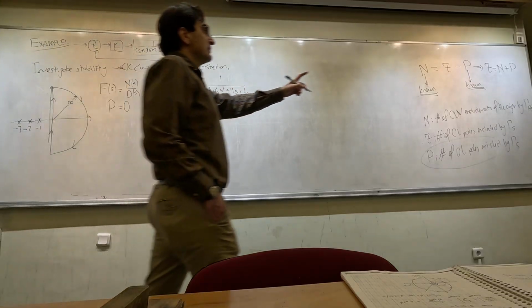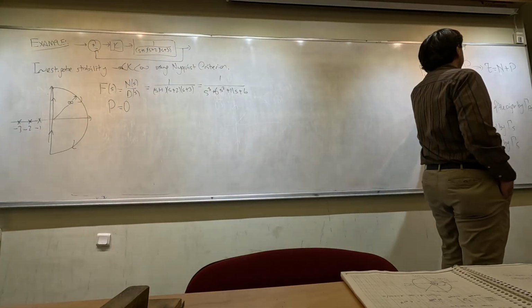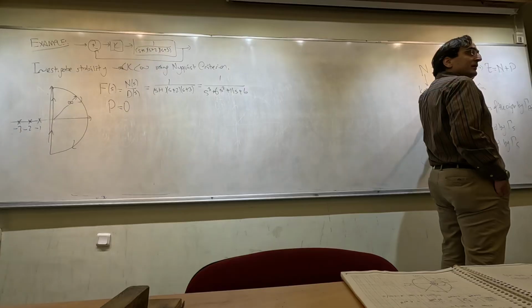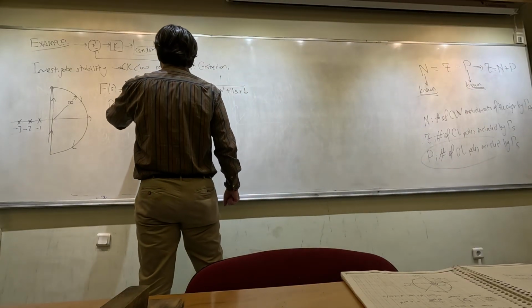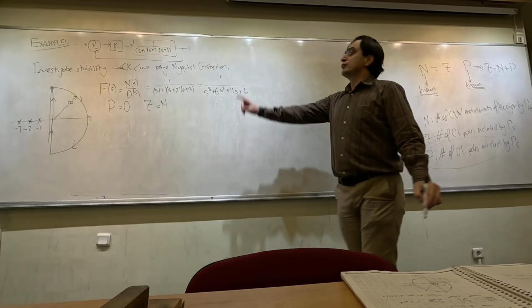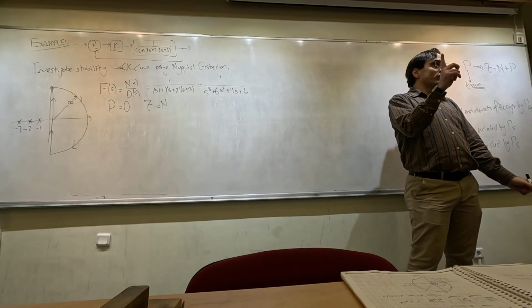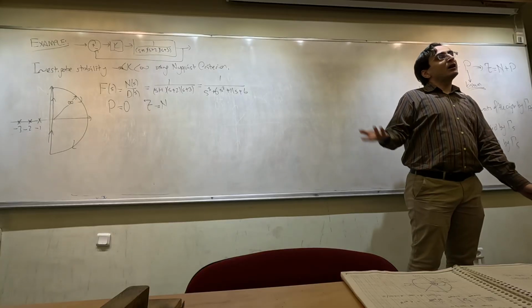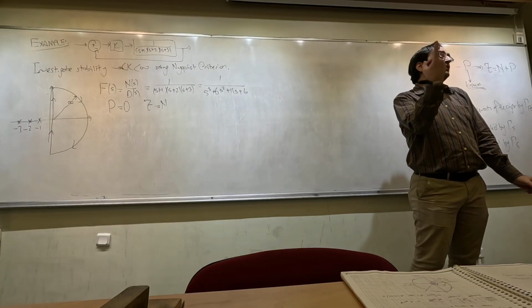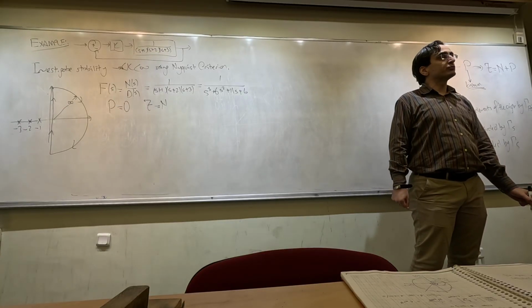That means that since we have N equal to Z minus P and P is equal to 0, we are going to get Z equal to N. Okay? So if I have one encirclement of the point minus 1 over k, then the closed loop system has one unstable closed loop pole.